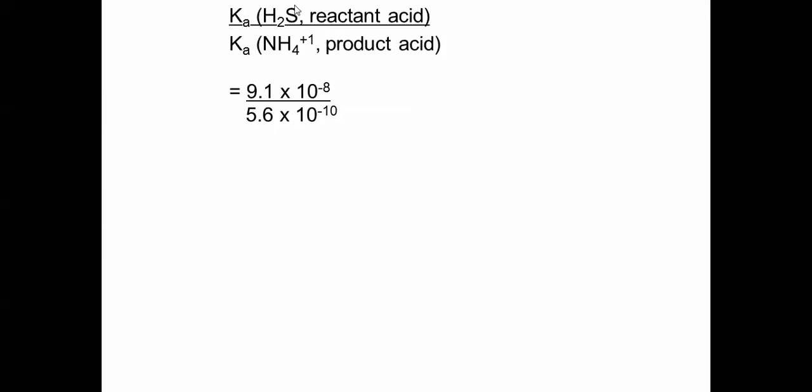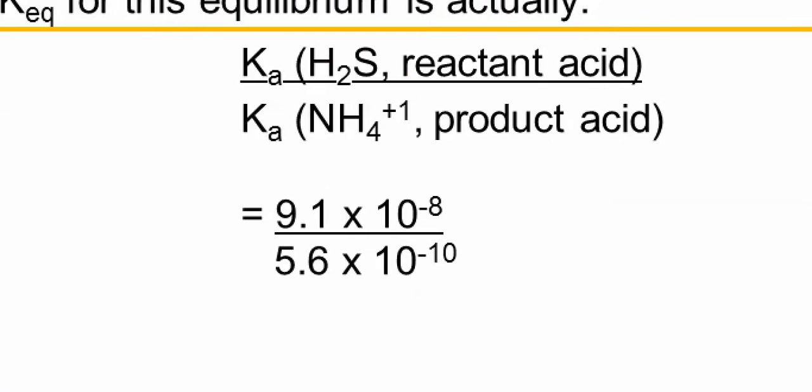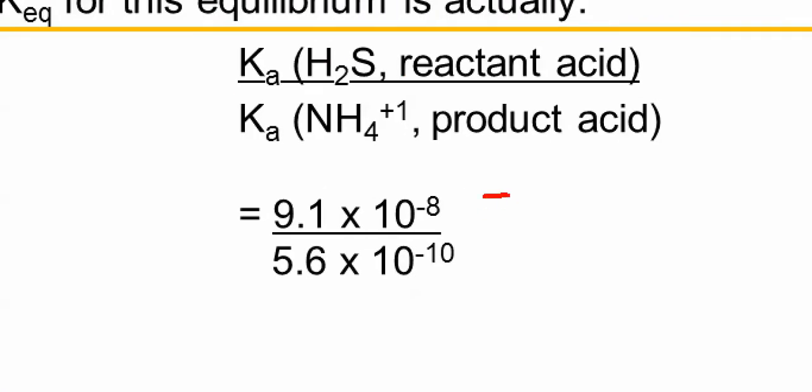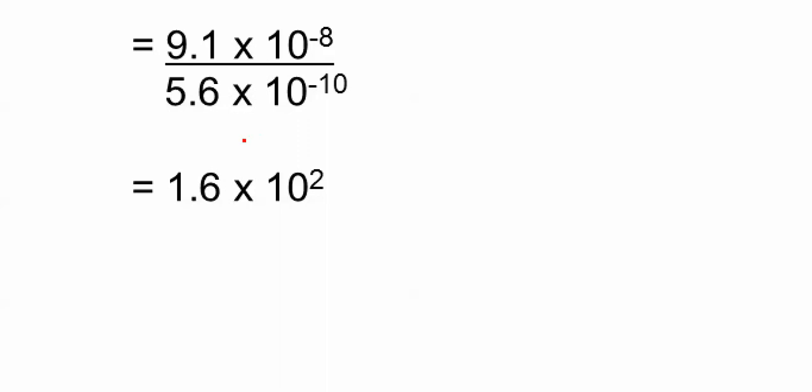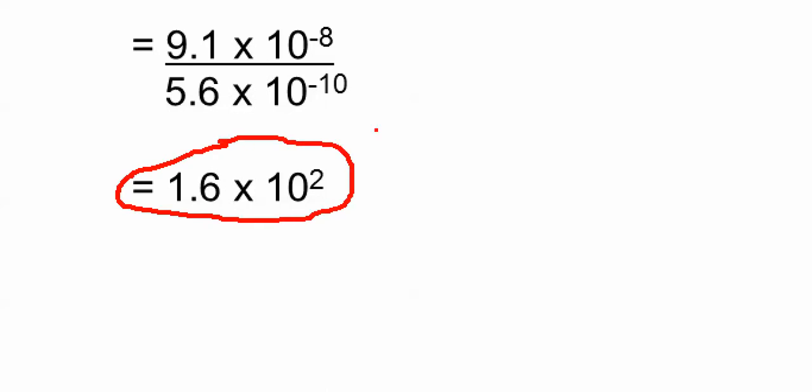So we look up H2S and we look up NH4 and just copy those numbers out here and here. Of course, you do the math there, and it comes out to 1.6 times 10 to the positive 2. So you look at this. This is a KEQ value, and so it is, of course, larger than 1.